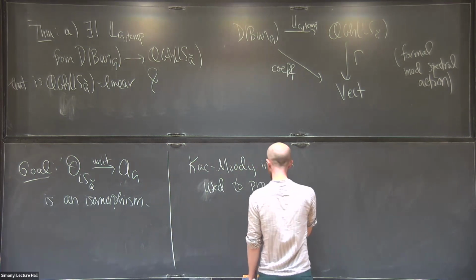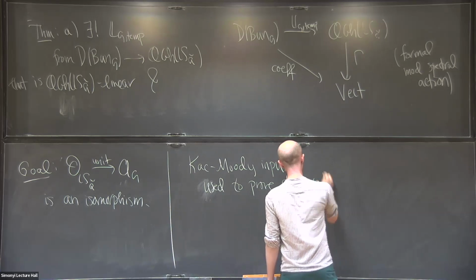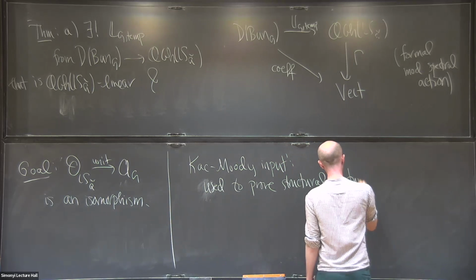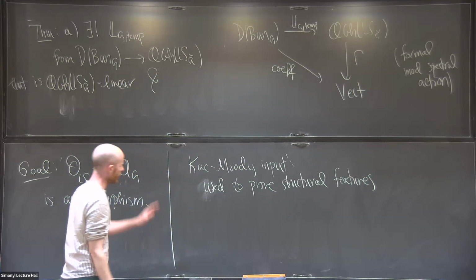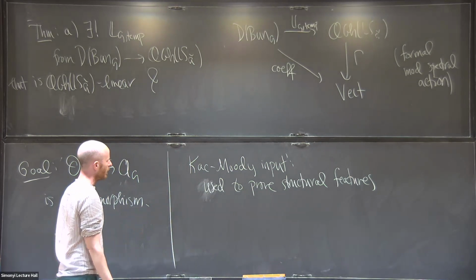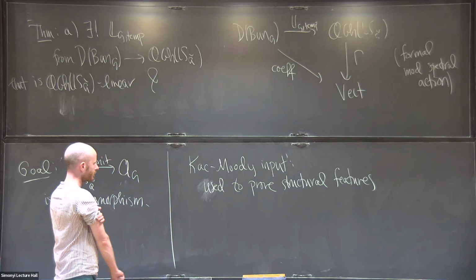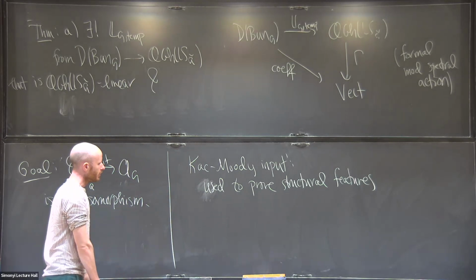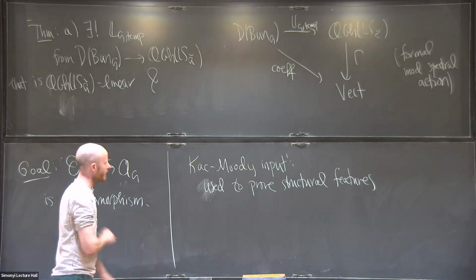Yeah. And again, that will be super important in a bit. So this is used to prove, again, structural features of... Maybe just very briefly for people who don't know, there's something called the Kac-Moody algebra at critical level. It was studied in the 80s by Feigin and Frenkel. And then Beilinson-Drinfeld used it to prove some nice theorems about Hecke eigensheaves in the 90s.